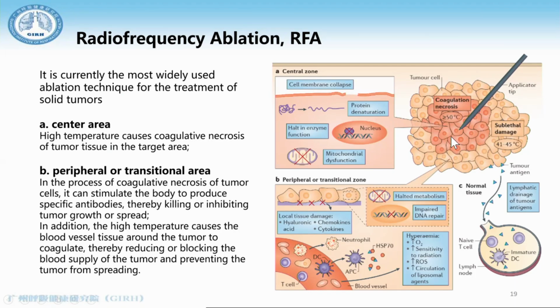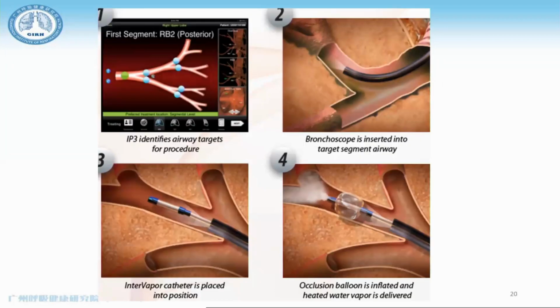The peripheral or transitional area will stimulate the body to produce specific antibodies, thereby killing or inhibiting tumor growth or spread. This is the mechanism of radio frequency ablation.